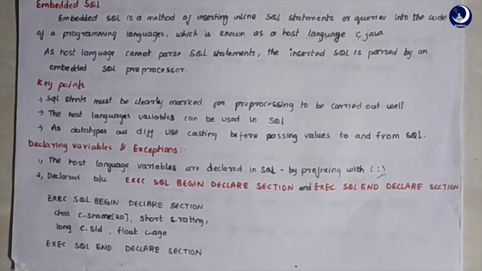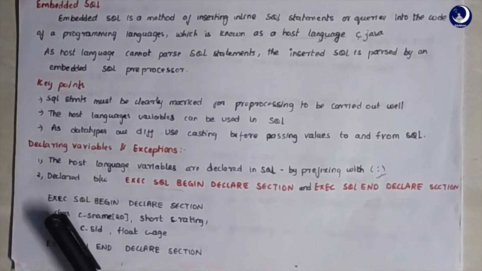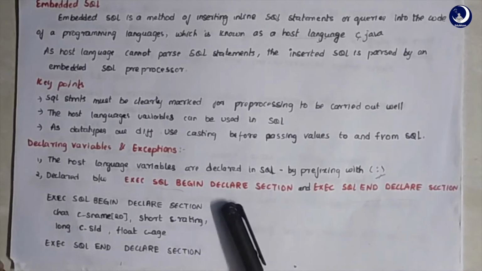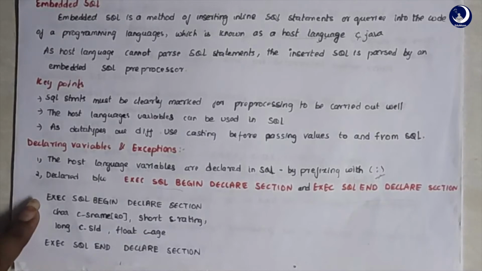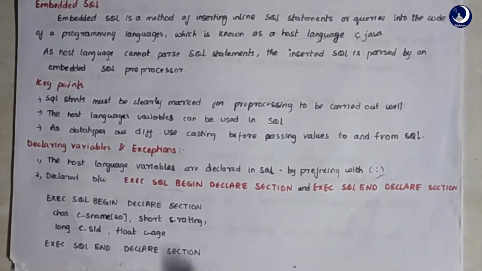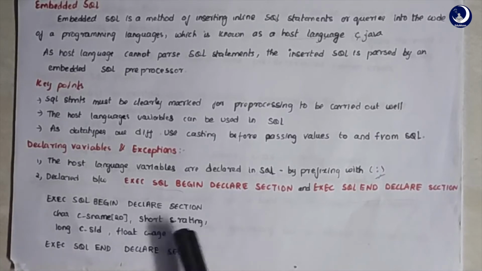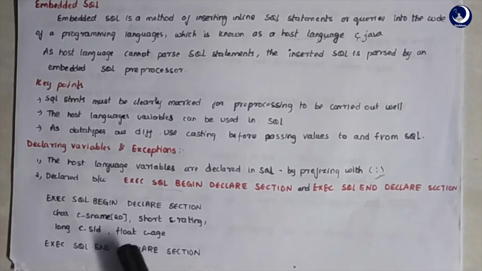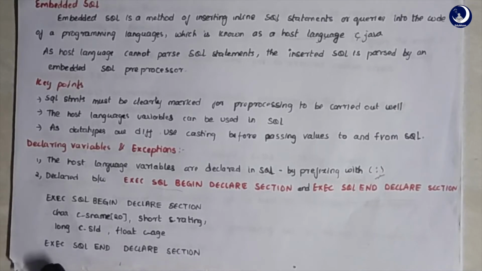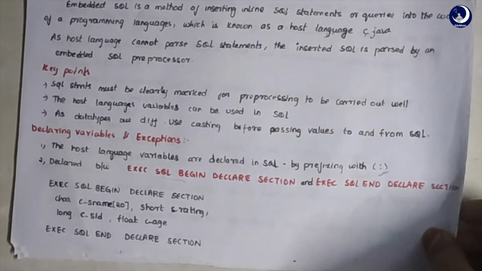So let's look at an example. Now I'm starting the declaration section with this statement, that is EXEC SQL BEGIN DECLARE SECTION, char cs_name[20], short cs_string, long sid, float ch. I'm ending it with EXEC SQL END DECLARE SECTION. So this is how you mark the declaration section in SQL statements.